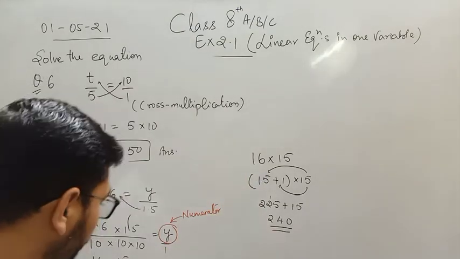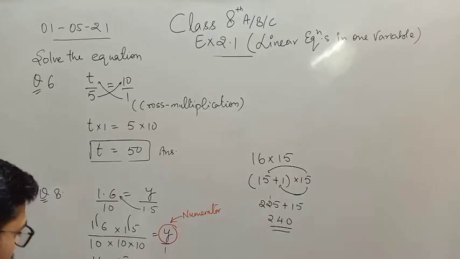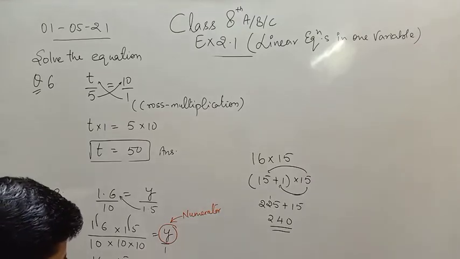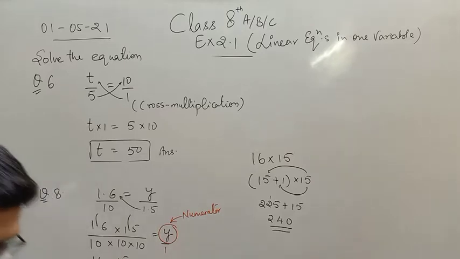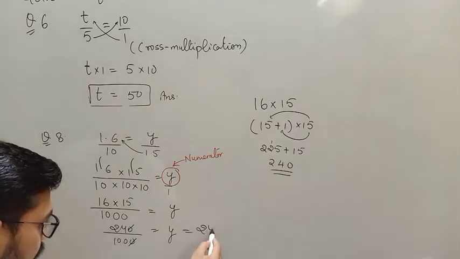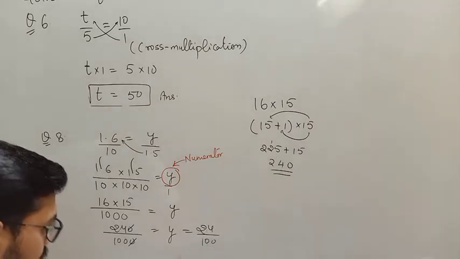So what I can write here is 240 divided by 1000, this is y. Now 240 divided by 1000, when I cut these two zeros, what I'll get? Y is equals to 24 divided by 100.